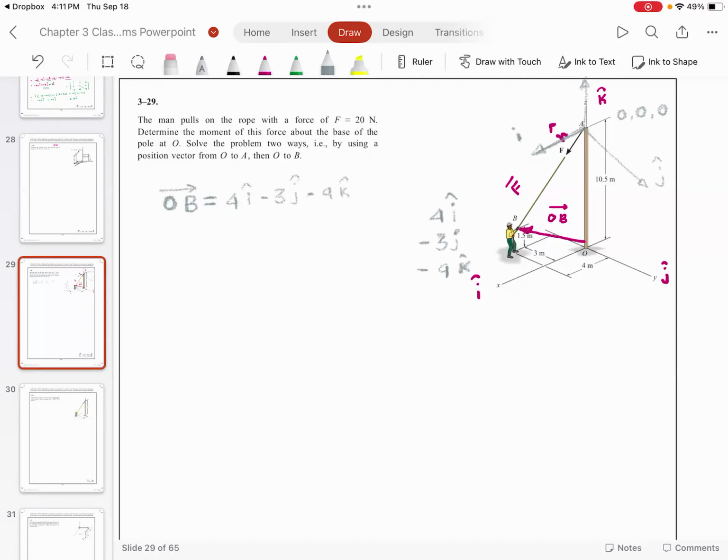You agree with me? But it is extremely important to know this is the position vector. This is not the force vector.